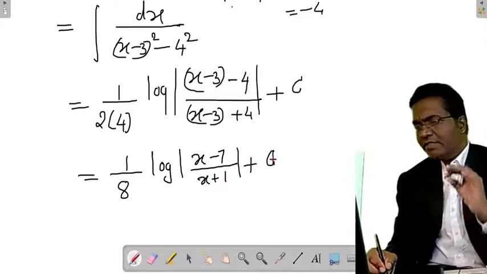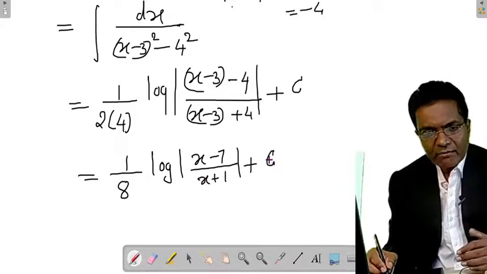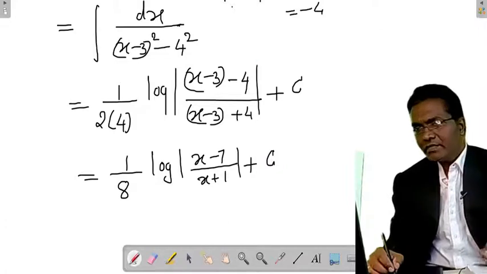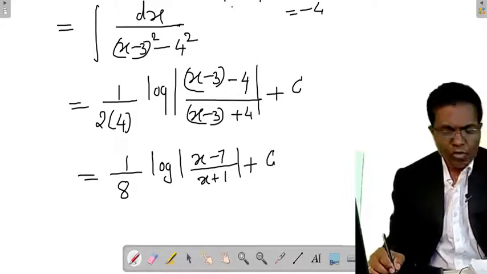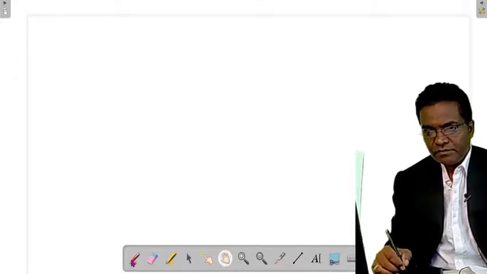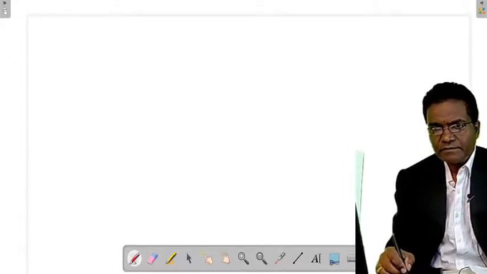Okay, we will be dealing with a few more examples when you complete all the standard forms. Right now let me prove all the 6 results. So here is the second one.